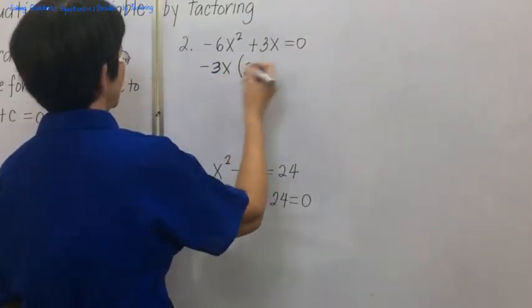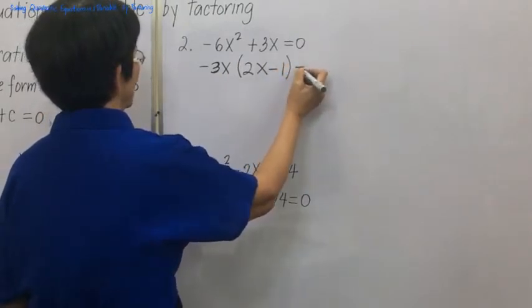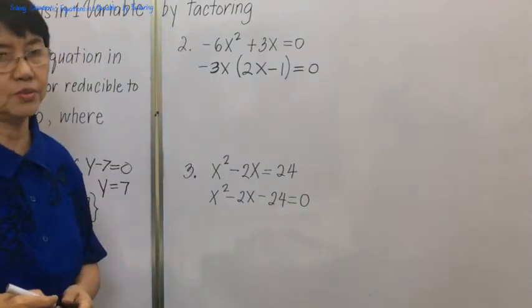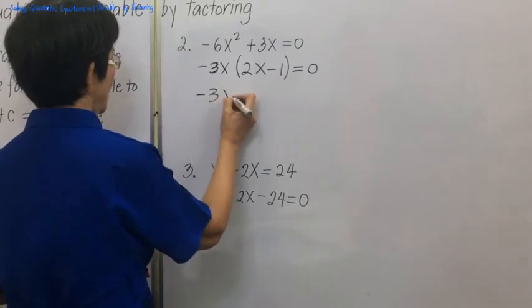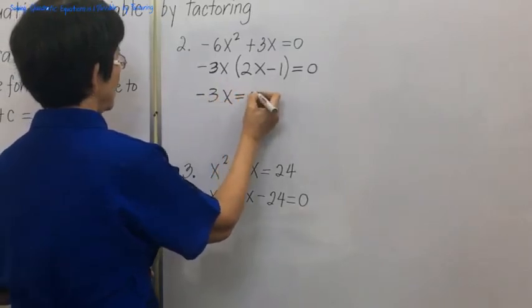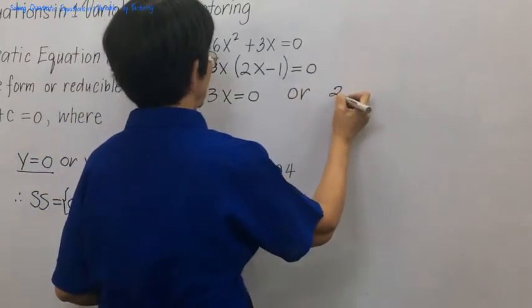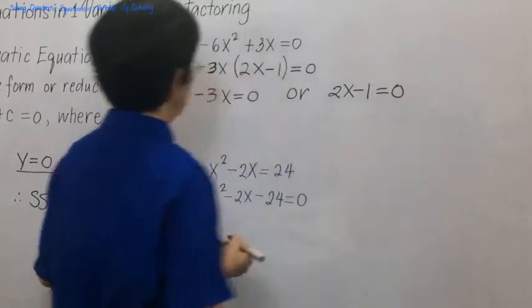Dividing this by −3x, we have −1, equals 0. And then we equate both factors to 0. So −3x = 0 or 2x − 1 = 0.